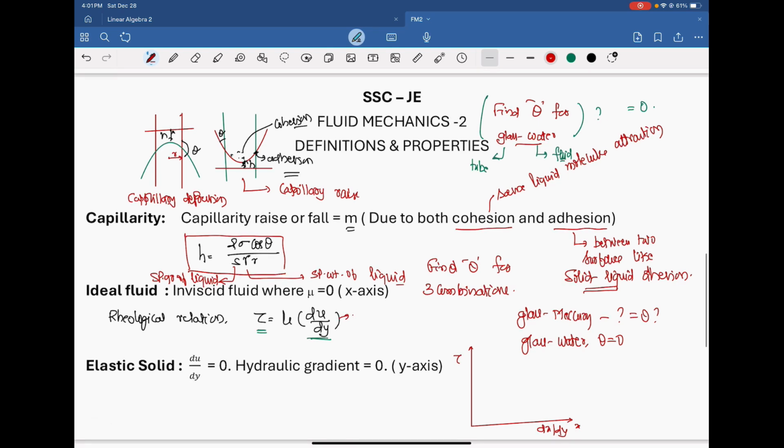This is hydraulic gradient. This is shear stress in Newton per meter square. Any stress is Newton per meter square. Then there will be a relation.